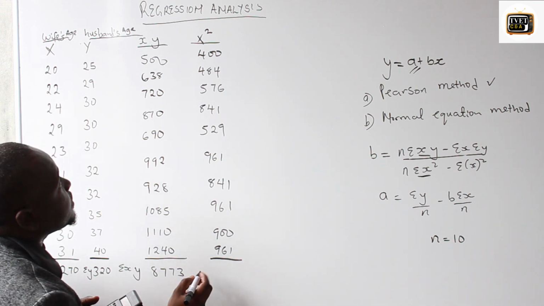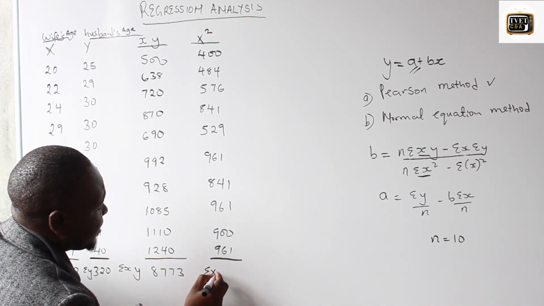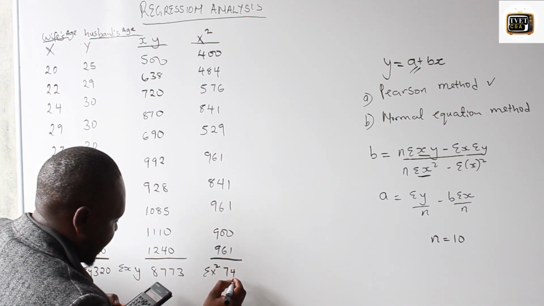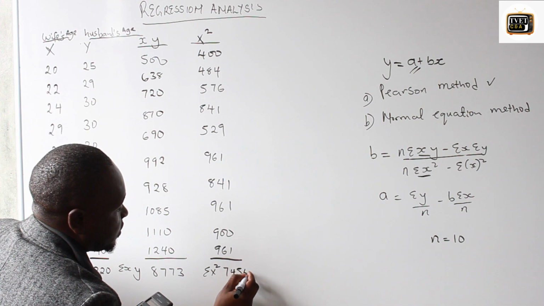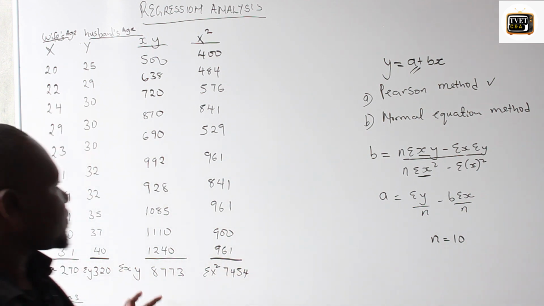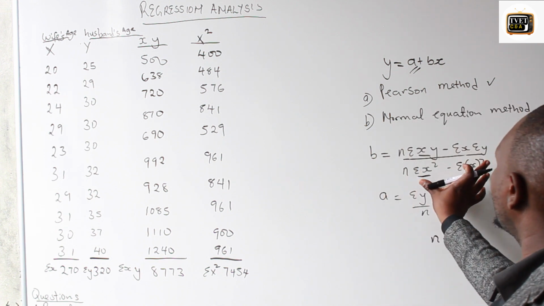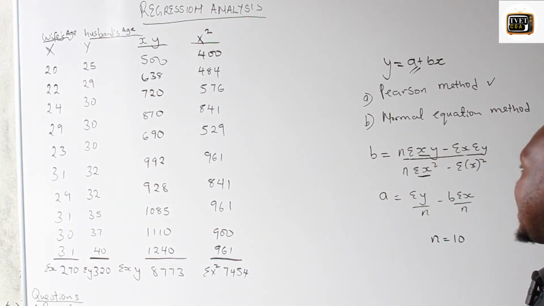The total comes to summation of x squared, which is 7,454. Now, with this, we have all the values which we should substitute into our formula.